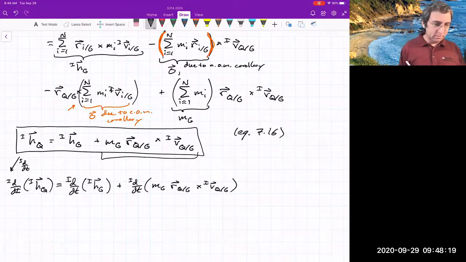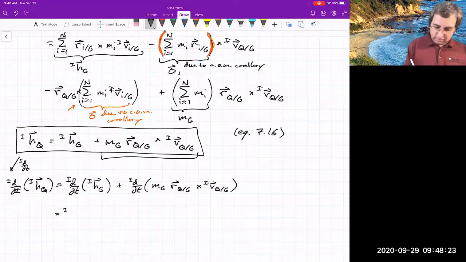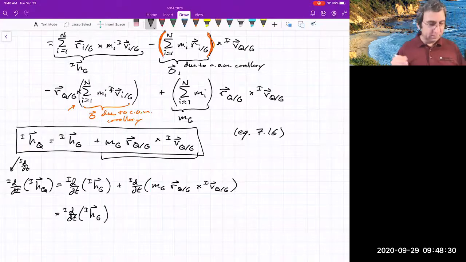And then we can just carry through. We've written a formula before for the inertial derivative of the angular momentum about the center of mass. That's going to be related to moments about the center of mass.